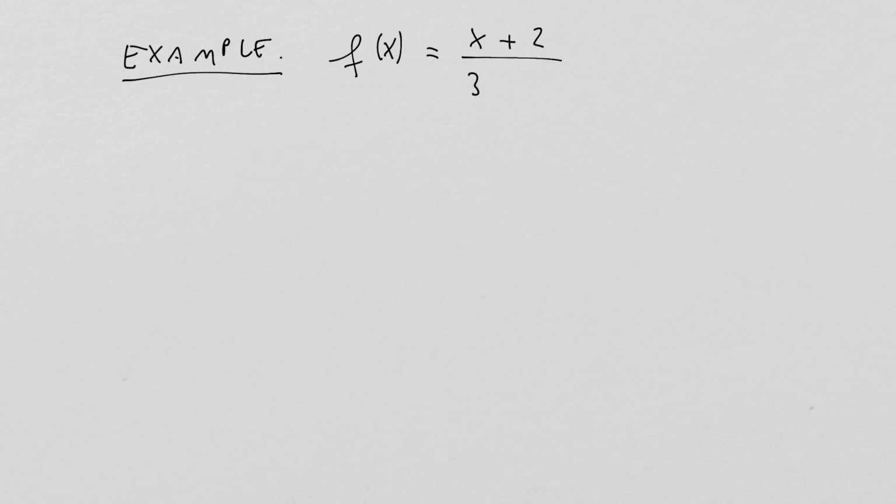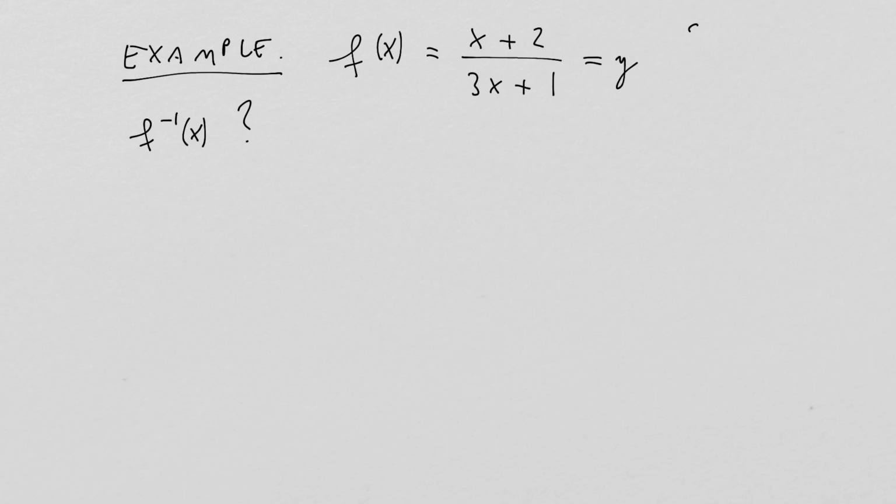Let's see how we can find the inverse function if we are given a formula. For example, our function might be a function like this, and we would want to find the inverse function. Let's set this value to be equal to y.